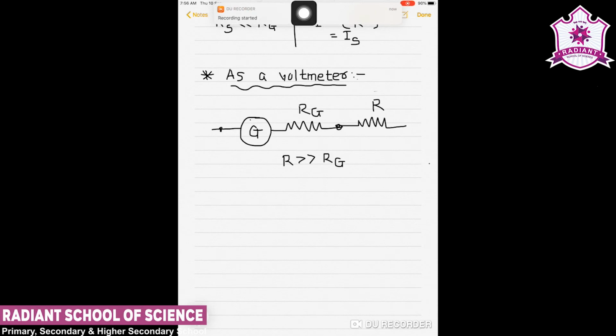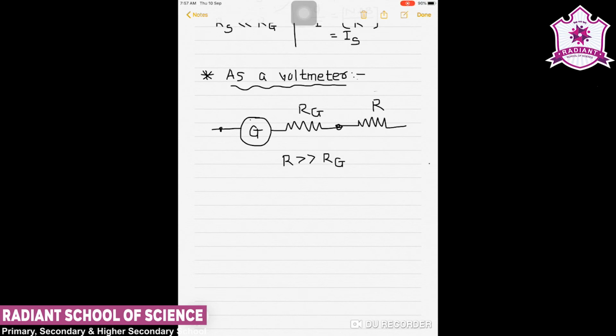Now we will see how we can convert a galvanometer into a voltmeter. The method is very simple again: we need a large resistance in series connection with the galvanometer resistance. So how to convert it into a voltmeter?